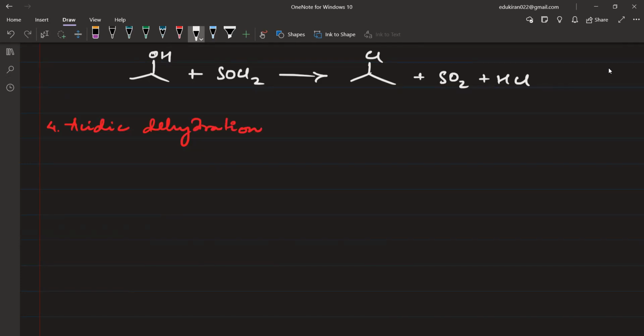Right here, alcohols undergo dehydration.